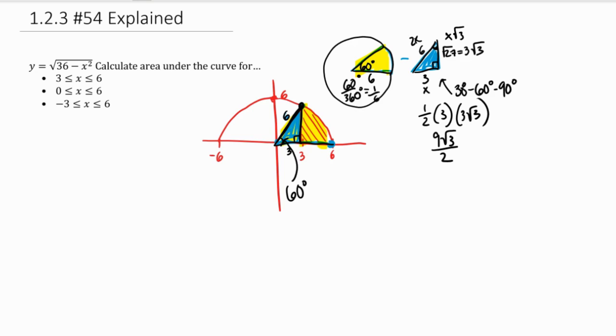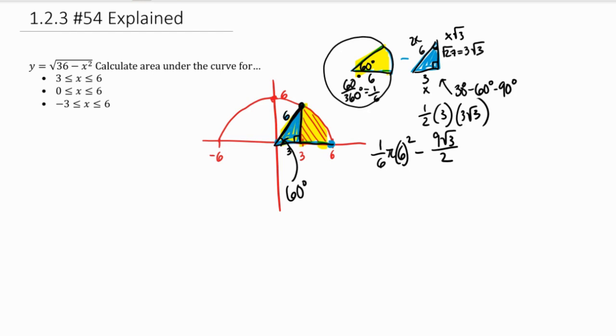So let's find the area of the circle and then take 1/6 of that. So that would be 1/6 pi r squared. The sector area is 1/6 of the circle, because again, I figured out that it was 60 degrees, and 60 out of 360 is 1/6. So that's how much of the pie that I got. It was 1/6 of the entire thing.